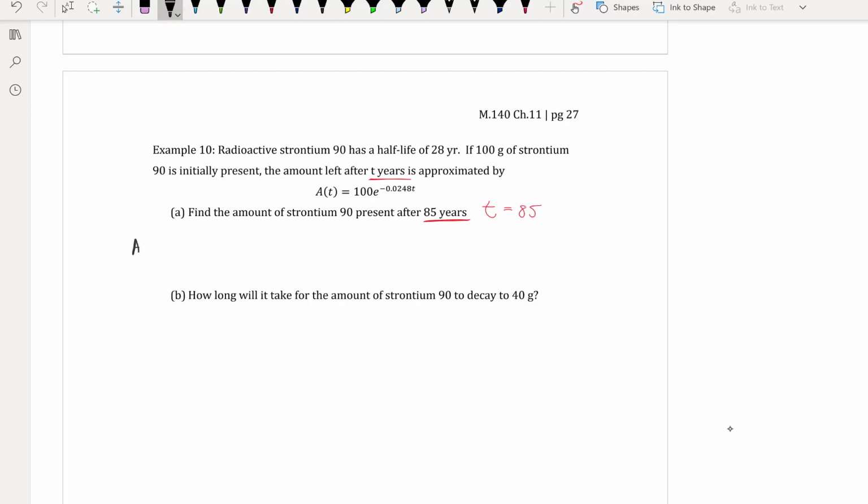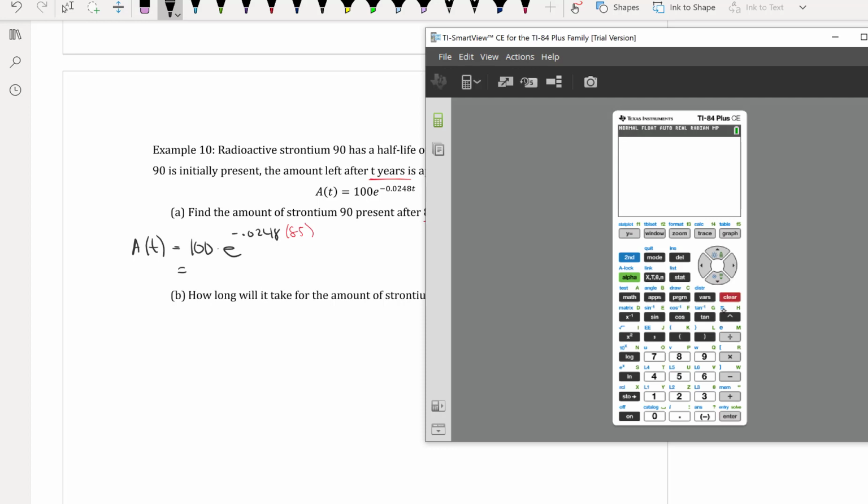So you have your A of t is equal to your 100 times e to the negative 0.0248, and that t value that you're plugging in is 85. So, busting out the calculator, we have 100, and we have our e value to the negative 0.0248 being multiplied by 85.